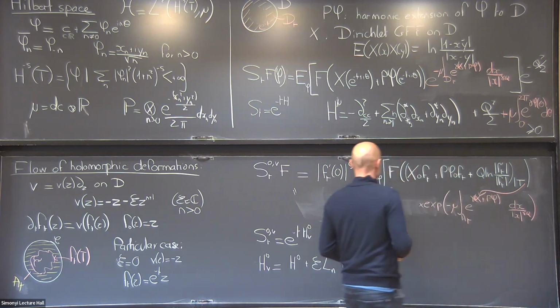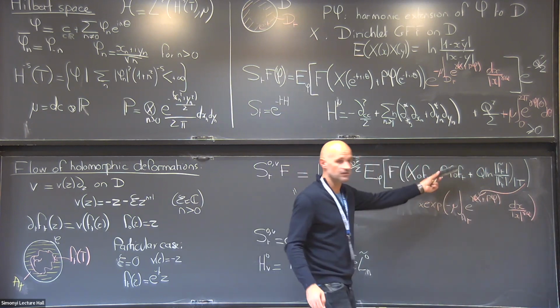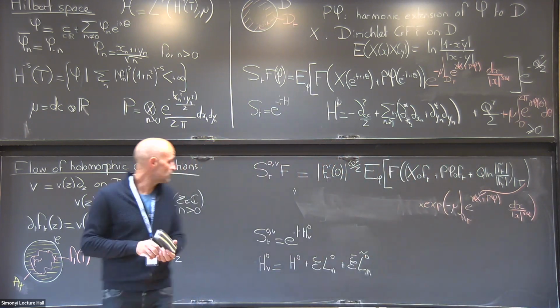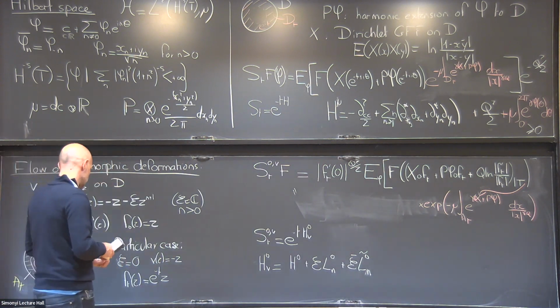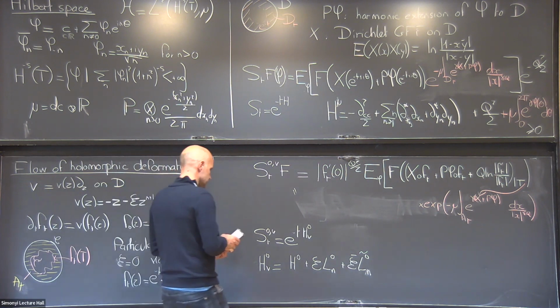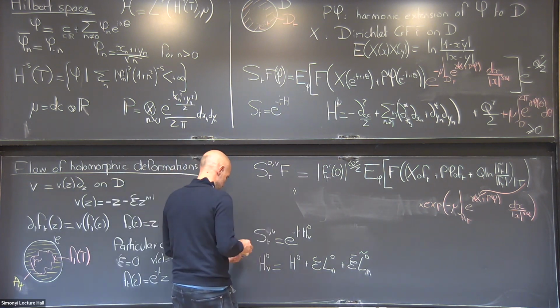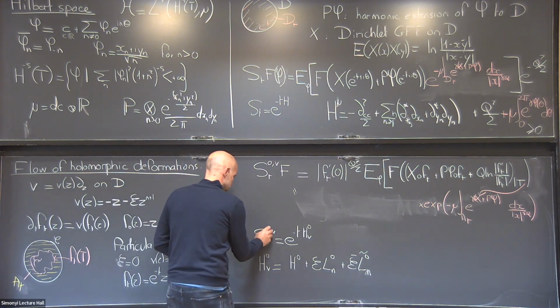Okay, I'm plugging this further exponential term inside. And this way, I can again compute for small epsilon the generator of this semigroup. So now I have a mu instead of being in the free field case.